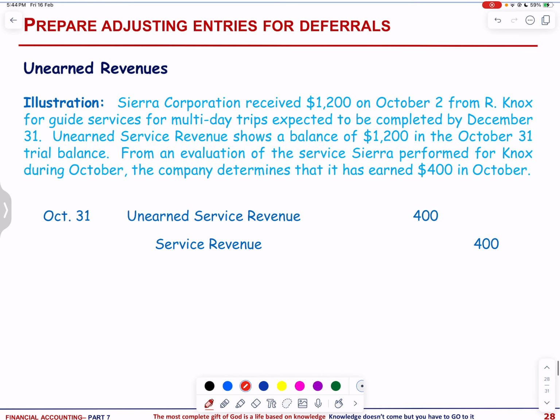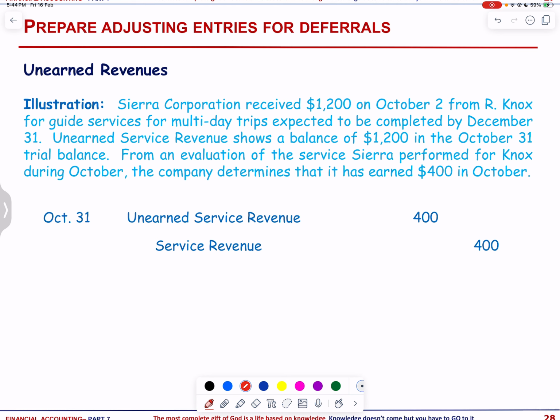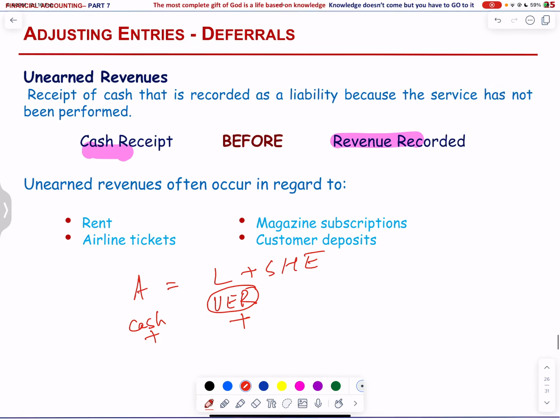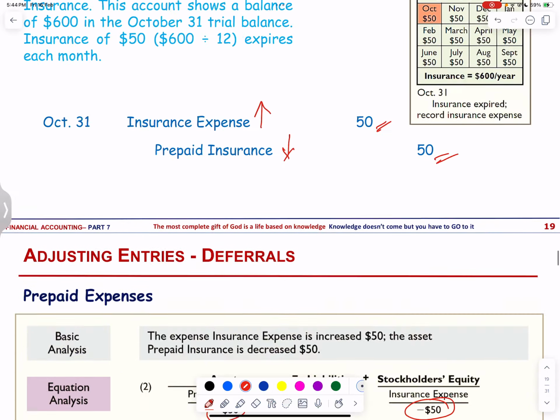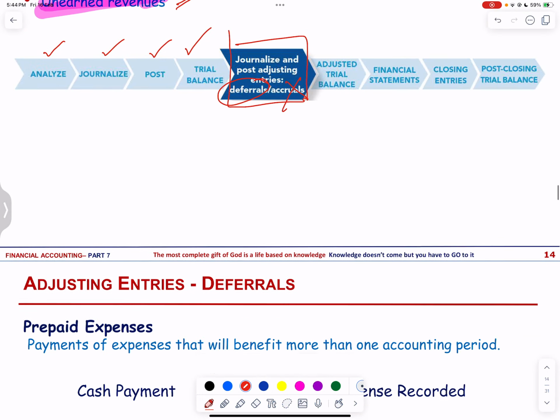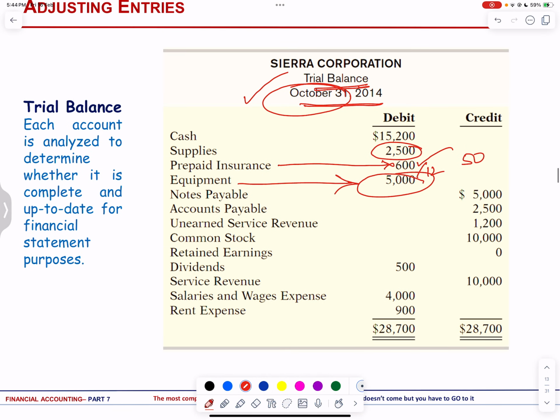Now Sarah Corporation receives 1200 on October 2, and I would like to go back to the trial balance, and unearned revenue is 1200.